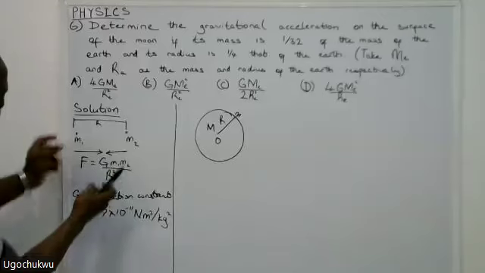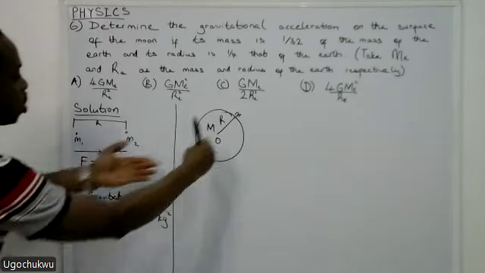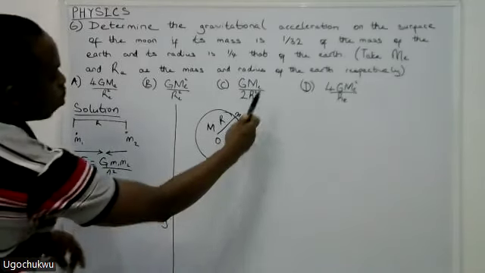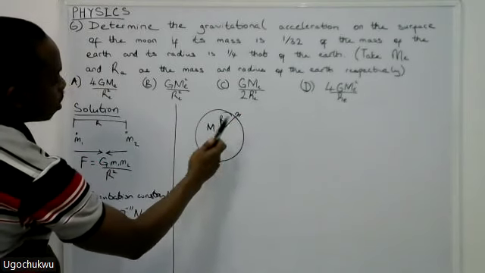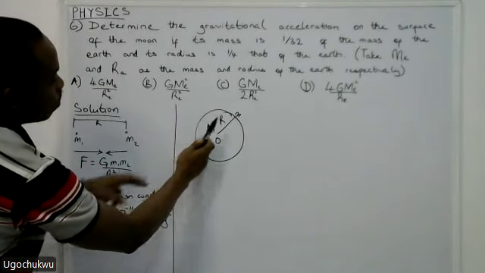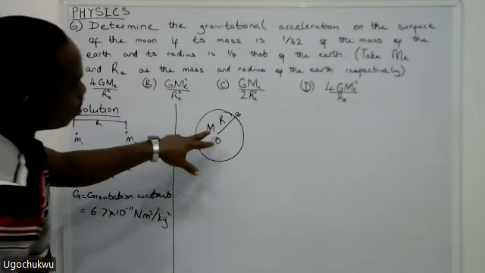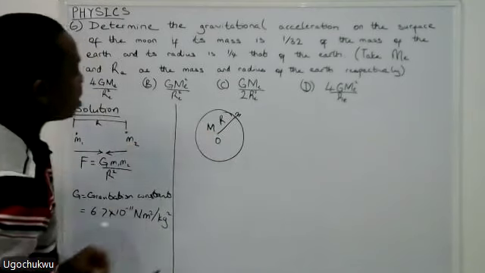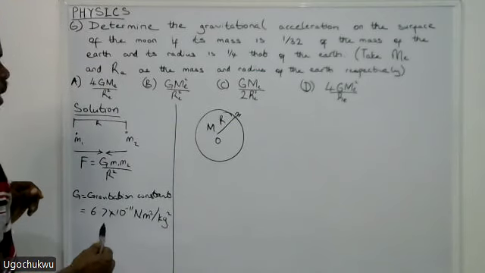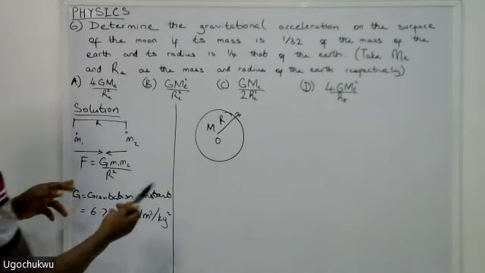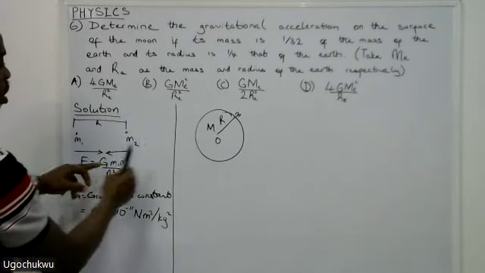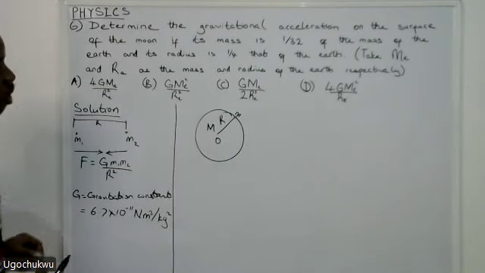So if we apply Newton's law of gravitation here, a mass on the surface of the Earth, mass of the Earth, distance r between the two of them, because the mass of the Earth will be concentrated in the center, we can say that the force between them is G M1 M2 over r squared.